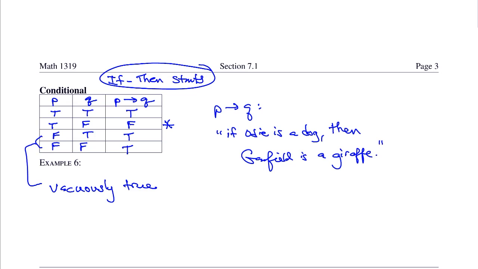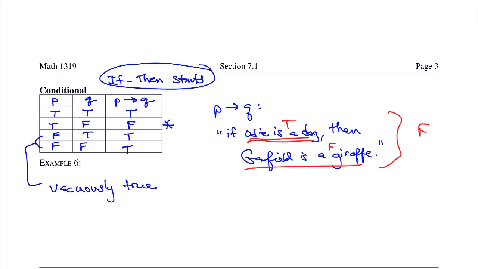And overall, this statement starts with a true statement. There it is, true. Then the then part is a false statement. So overall, this statement is false. Starts with true, goes to false, must be false.